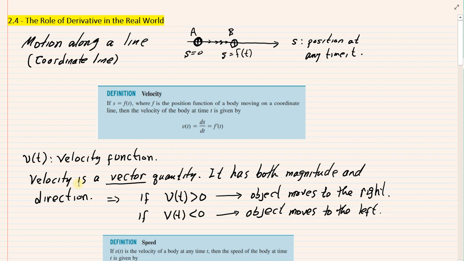Now something that's important here that we're going to note is the following. Velocity is a vector quantity. Okay, now we don't do any vector analysis in Calc 1. You do all of that in Calc 3. But for now, it's enough to get a point across here. The velocity is a vector quantity.